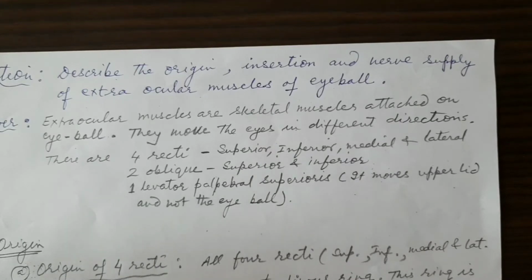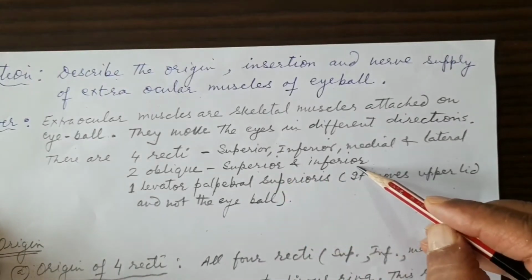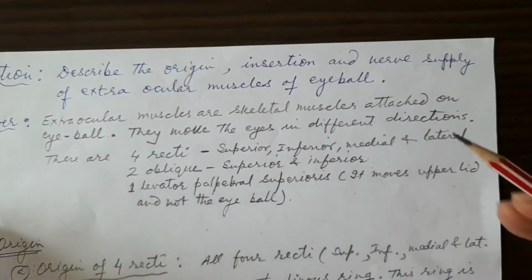But then there are two muscles which are obliquely placed. They run in an oblique direction, not straight in the anteroposterior direction, and that's why they are called oblique muscles. There is one superior oblique and another inferior oblique muscle.